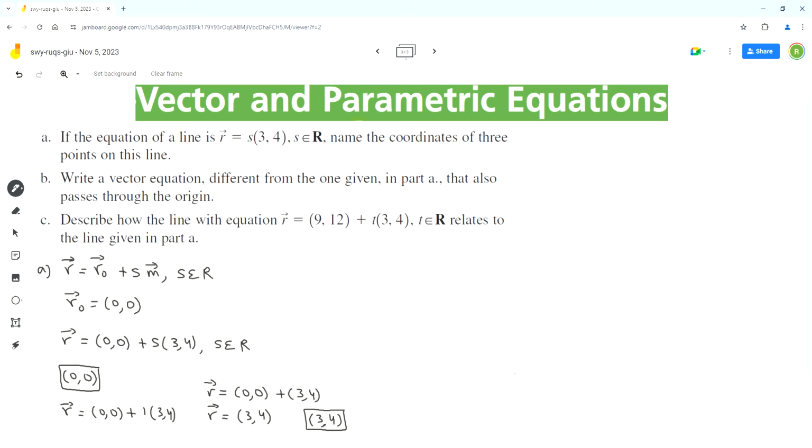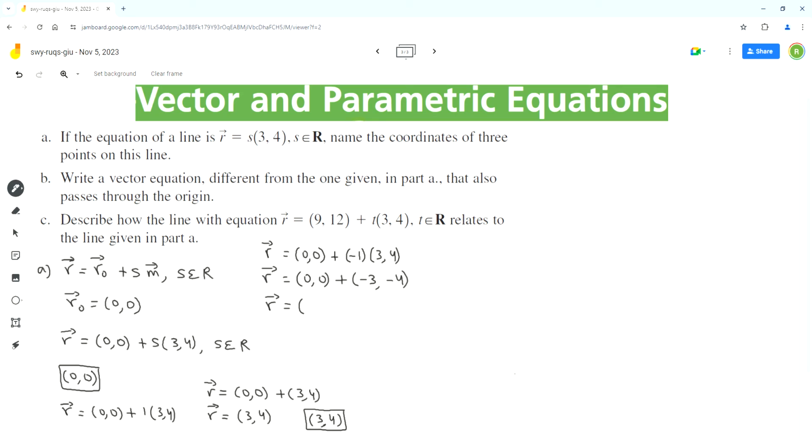We can find the third point on this line by subbing in s as -1 in the equation. Now we can multiply the components 3 and 4 by -1, and now we can add the vectors.